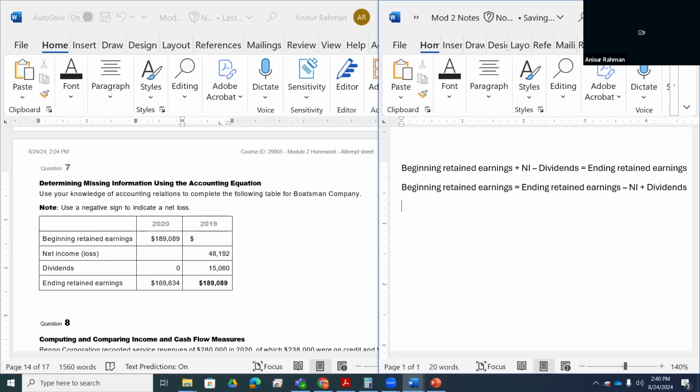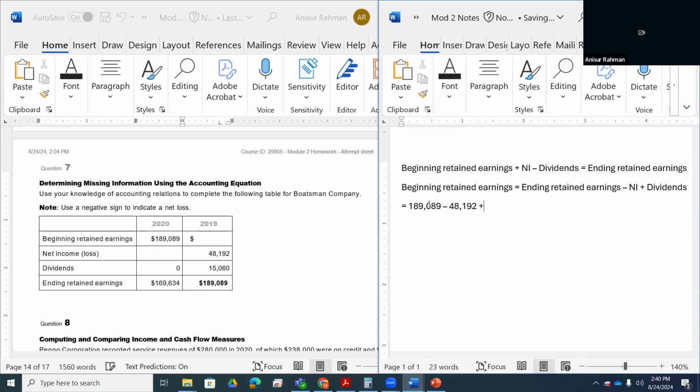So our beginning retained earnings is equal to our ending retained earnings, which is 189,089. We'll subtract the net income, 48,192.